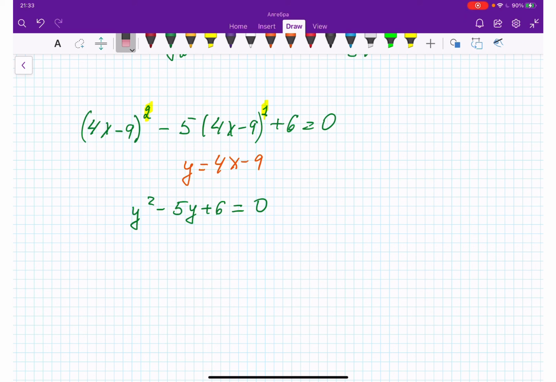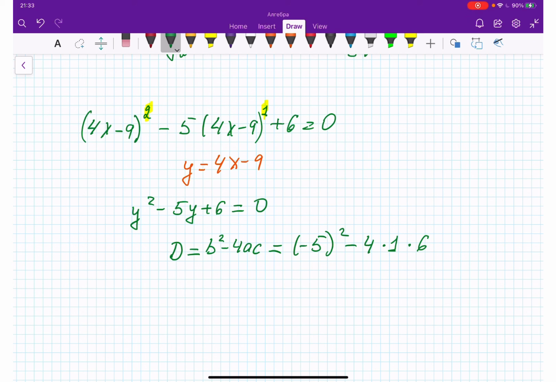The discriminant is b squared minus 4ac, and b squared is negative 5 squared minus 4 times a, which is 1, times c, which is 6.